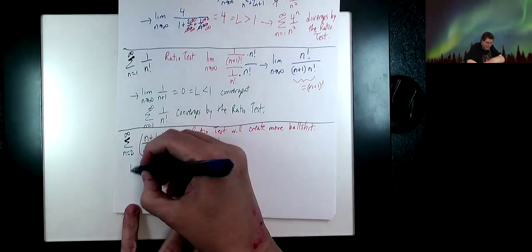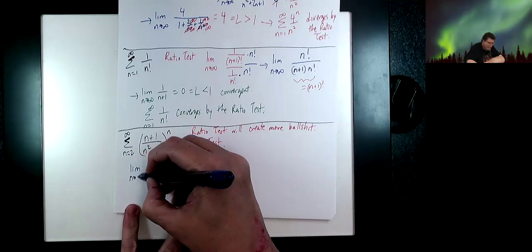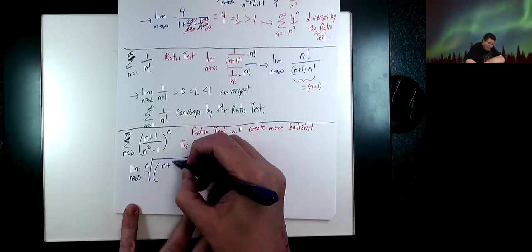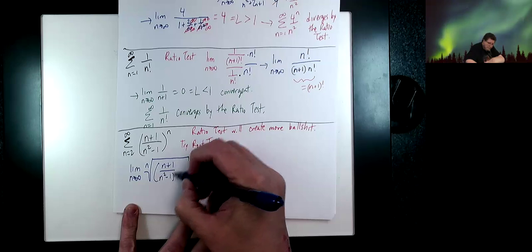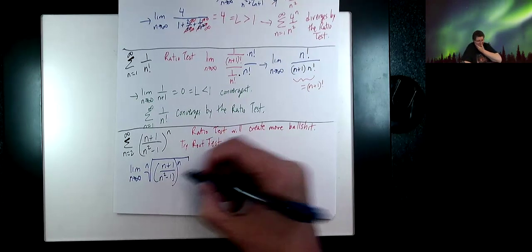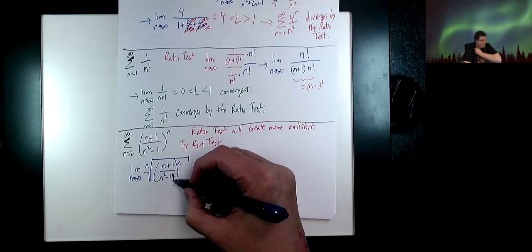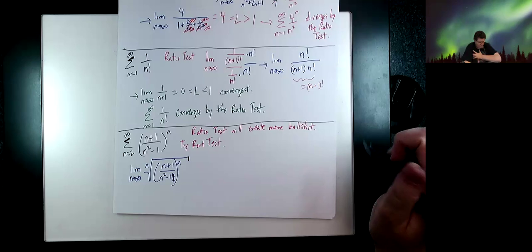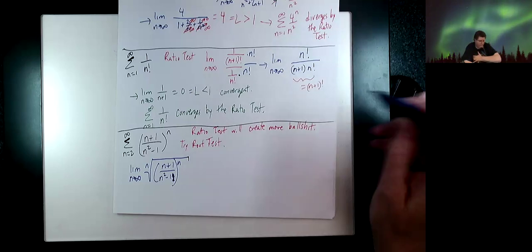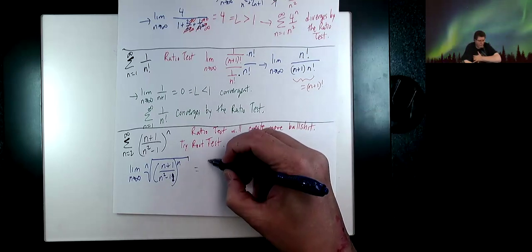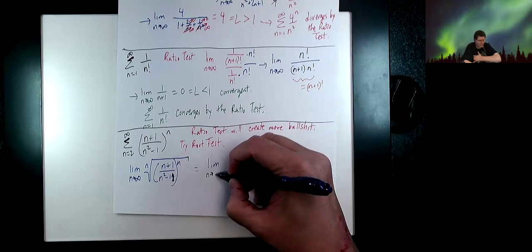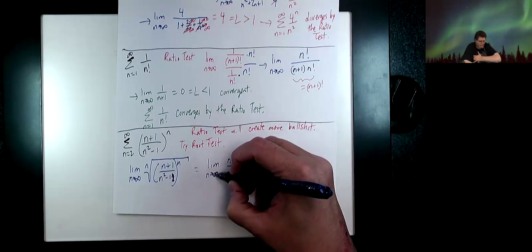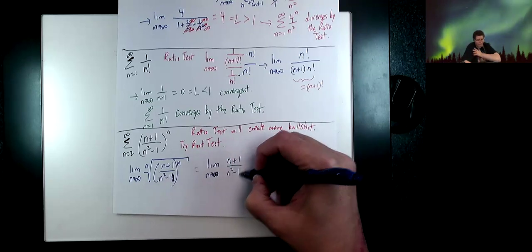We will do the limit as n goes to infinity of the nth root of what we had, which equals the limit as n goes to infinity of n plus 1 over n squared minus 1.